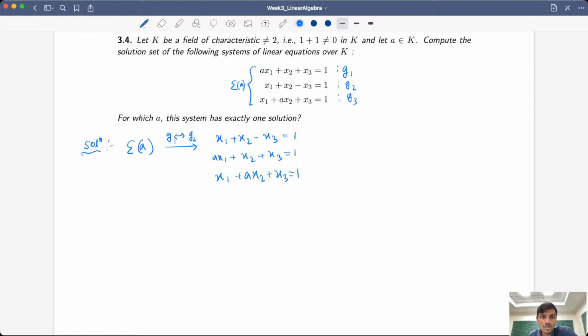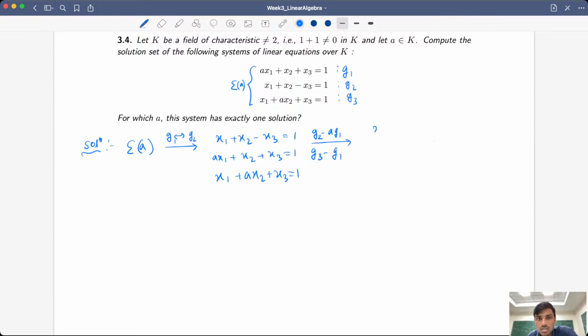Now we eliminate this x1 from the below two equations. So we apply two operations: one is the new G2 minus a G1, so multiply G1 by a and subtract it from the second one, and the other is G3 minus G1, because here the coefficient is 1 itself.